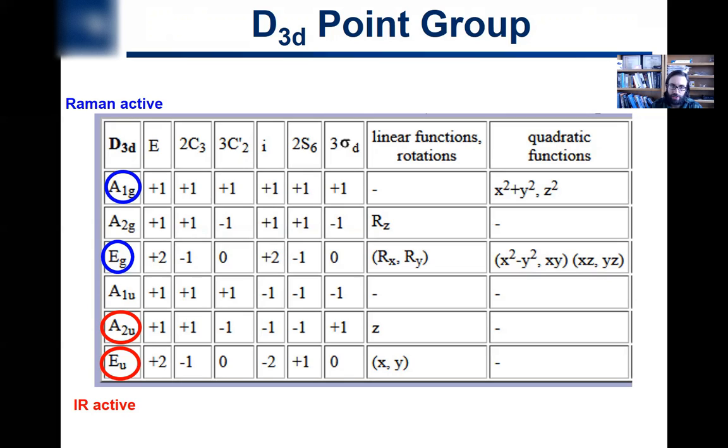They saw in the Raman and IR spectra of xenon tetrafluoride that all the Raman peaks of the normal modes were at separate energies than the infrared normal modes. So they very easily figured out that xenon tetrafluoride was square planar.